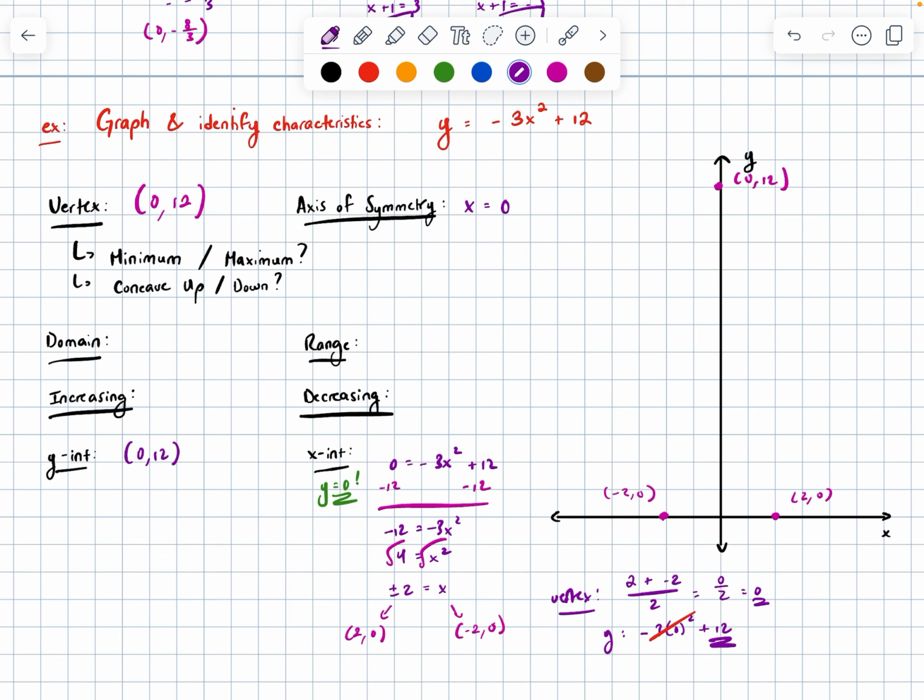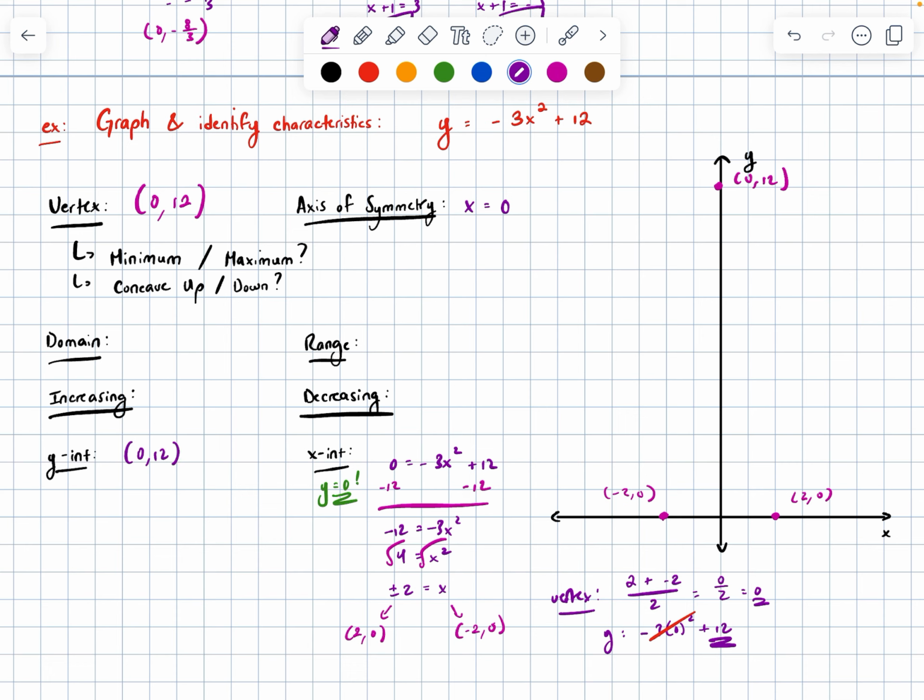This is not my y-intercept. So here y is going to be equal to negative 3 times 1 plus 12. Negative 3 times 1 is negative 3, and negative 3 plus 12 is 9. So if x equals 1 and y equals 9, that tells me that the point 1, 9, so here's 12, 11, 10, 9, should be on my graph.